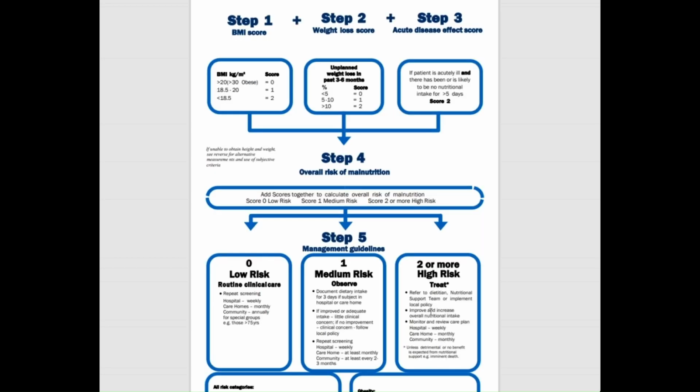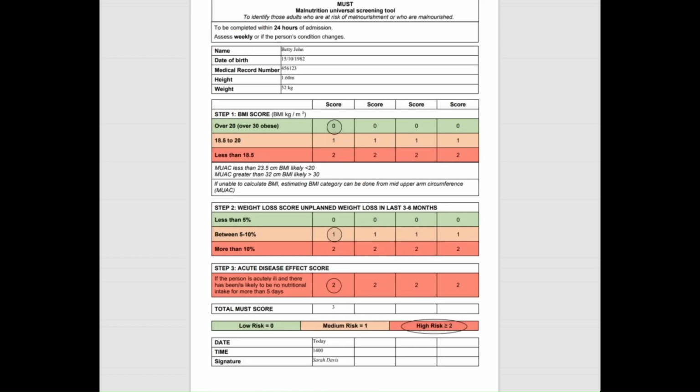Also verbalize the intervention, for example, referring to the dietitian, encouraging frequent meals, creating a care plan to improve nutritional intake, referring to the mental health team to treat the underlying cause, providing assistance if required, recording the need for a special diet and following local policy, monitoring and reviewing the care plan weekly if the patient is in hospital.